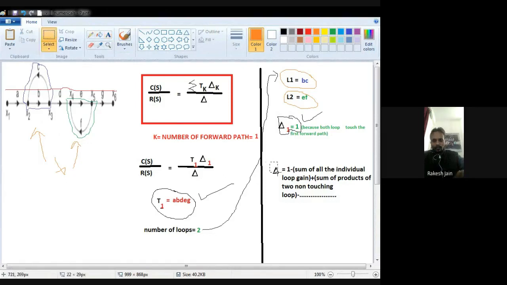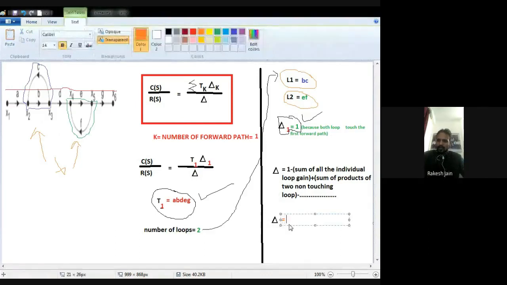Now see very carefully. So del is equal to 1 minus the sum of all the individual loop gains. So here there are only two loops, one is BC and plus the second loop, EF.